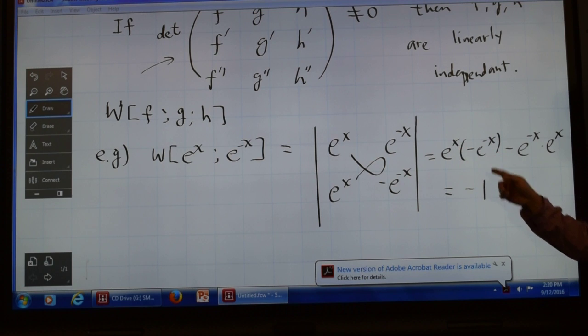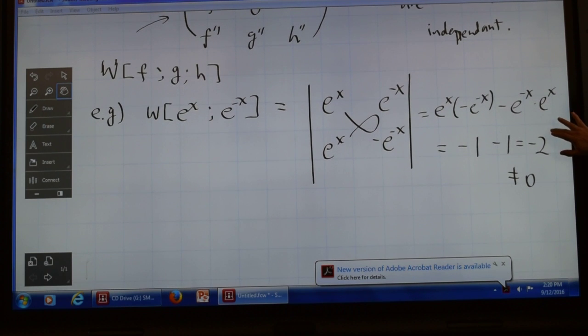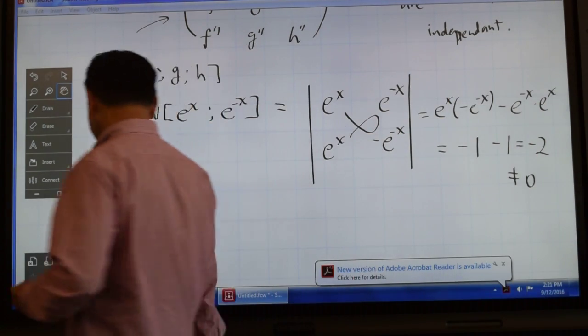So if I multiply the two, you get negative 1. Same thing here. So you get negative 2, and that's not equal to 0. Therefore, we know that these 2 are linearly independent. Okay. It's much better than having to prove it line by line, right?